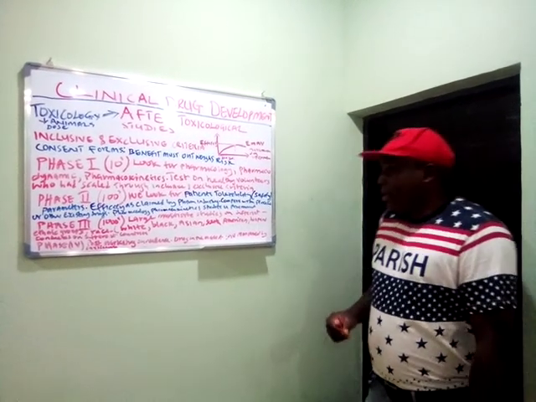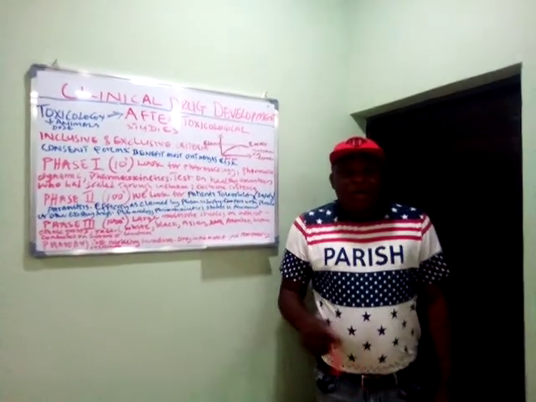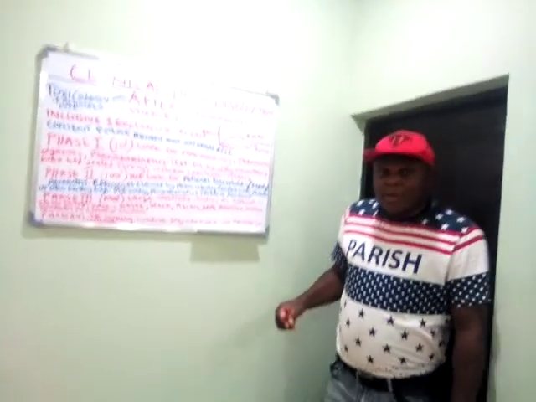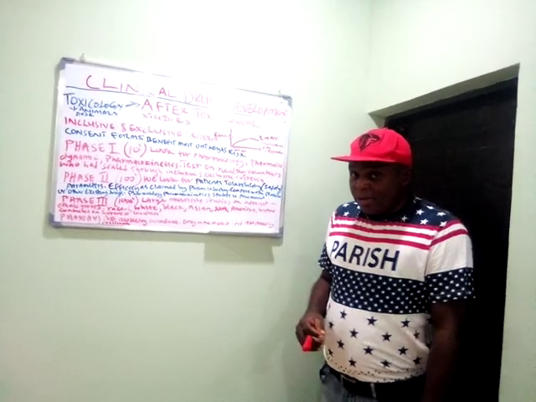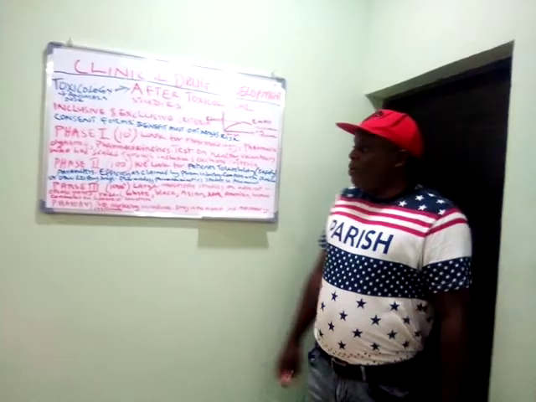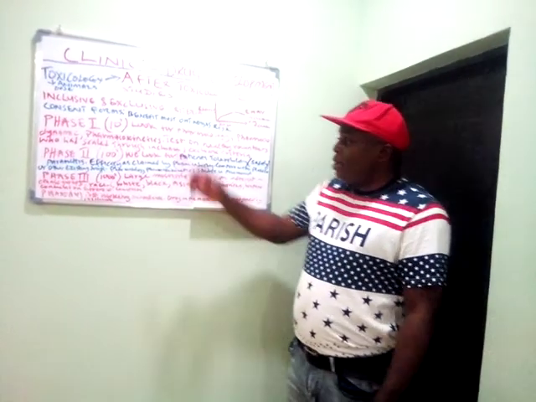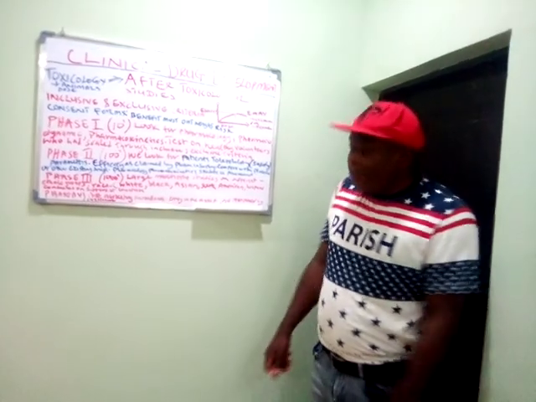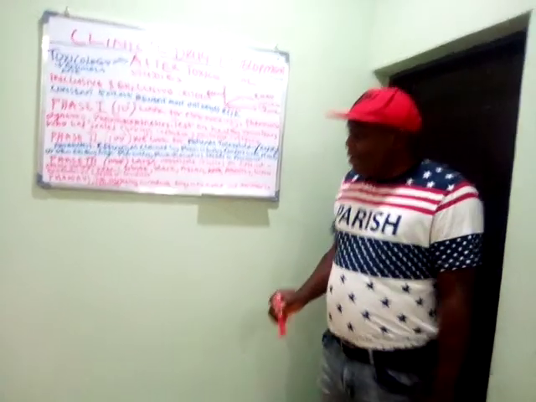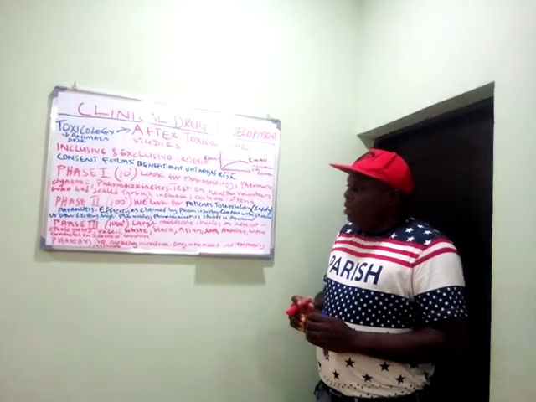That means a healthy person is someone who has not got an underlying medical condition. Somebody who is not hypertensive, somebody who is not diabetic, somebody who is not HIV positive, and all kinds of diseases. For you to participate, you must be healthy.